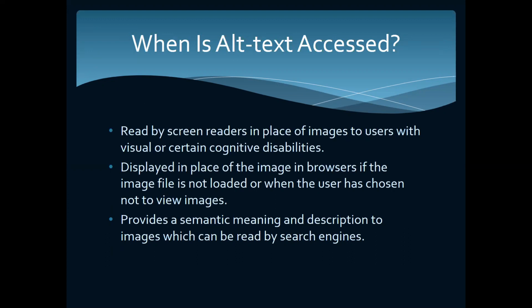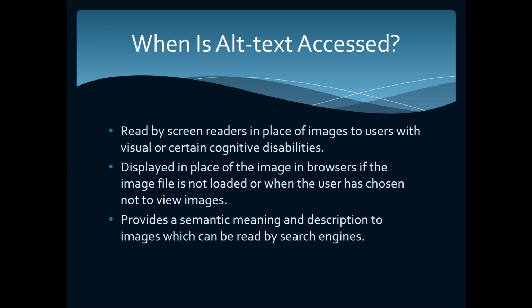As I mentioned before, it's read by a screen reader in place of images, allowing the content and the function of the image to be accessible to users with visual or certain cognitive disabilities. But alternative text is also displayed in place of the image in browsers and in email programs if the image file is not loaded or when the user has chosen not to view images.